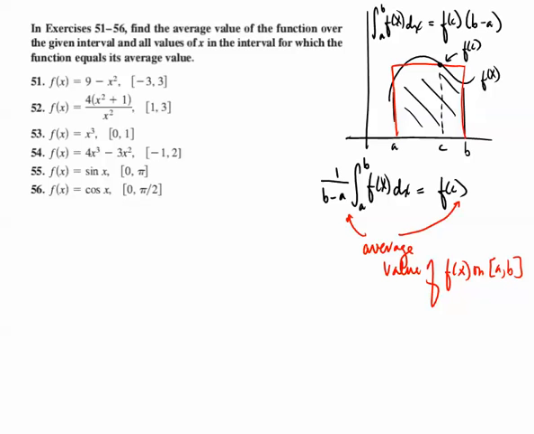Now, for the average value of the function, we could take any number of points and add up those points, divide by how many points we have, and if we took enough points evenly spread out, we would get a fairly good estimate of the average value of the function on that particular interval.